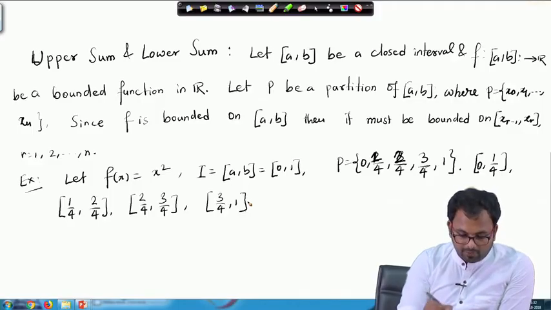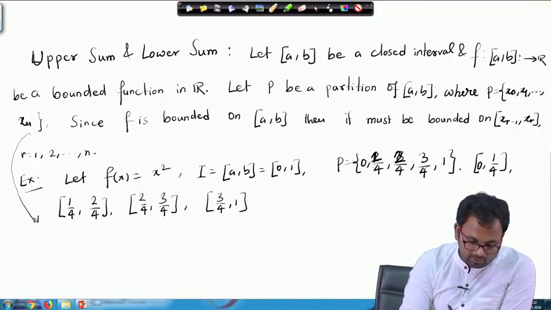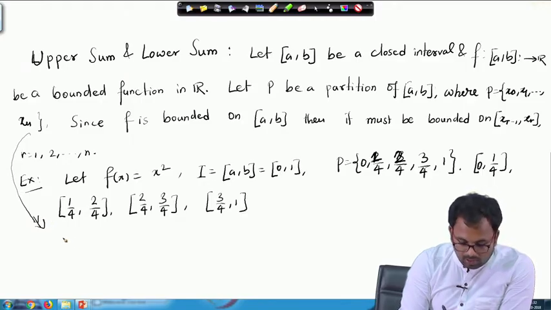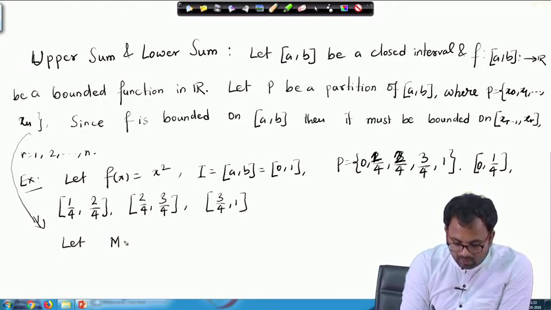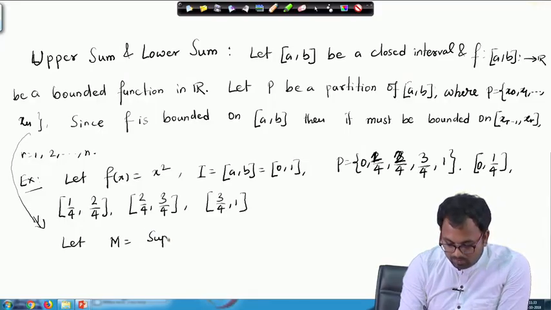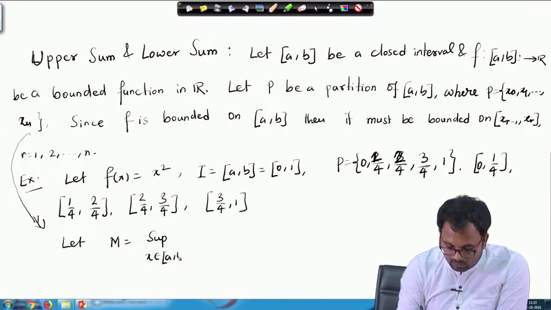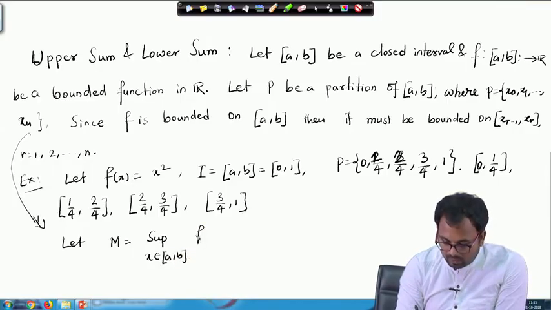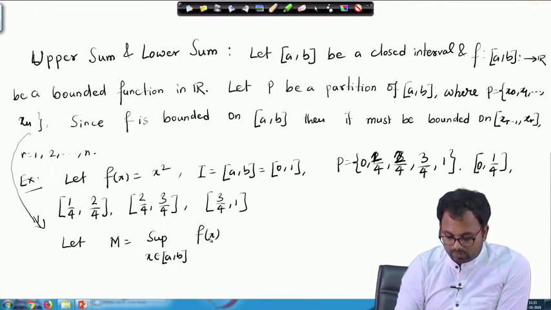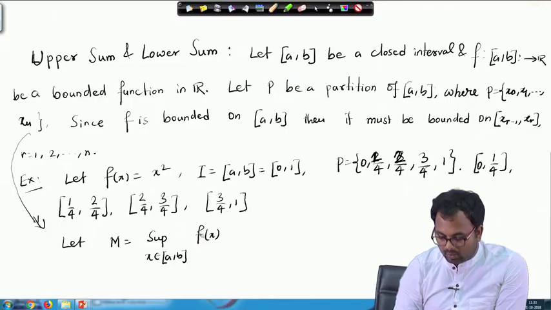So, for this function f, now we are back to this definition. We write: let M equal the supremum of f(x) for all x in the closed interval [a, b], and small m equals the infimum of f(x) for all x in [a, b].